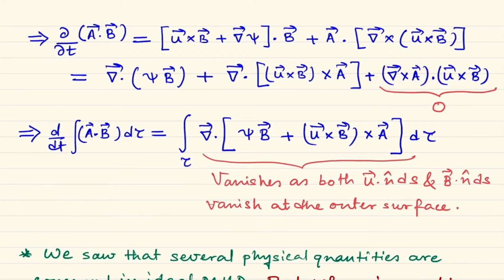Curl of A is again B. So B dot U cross B is 0. So finally I have this equation.